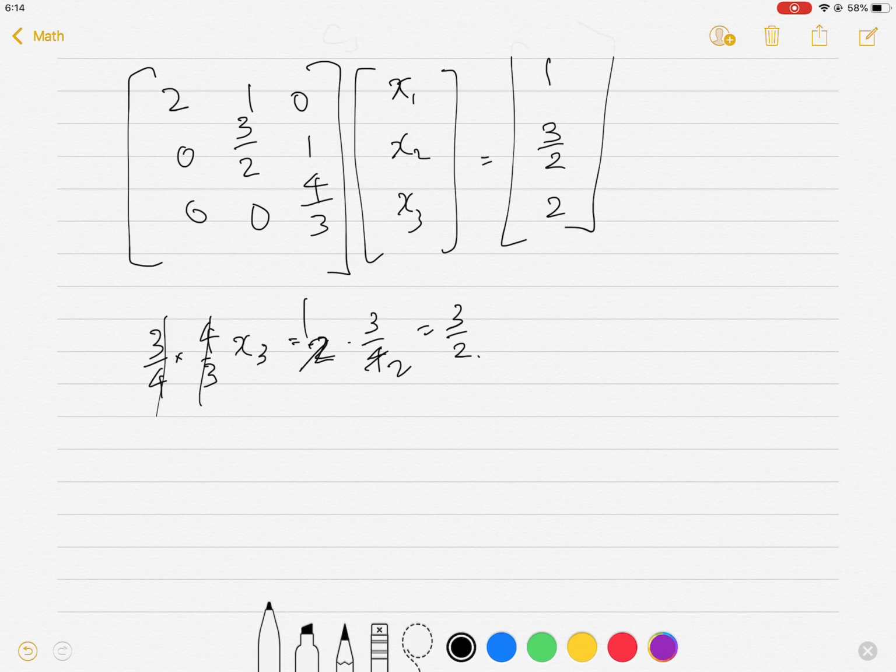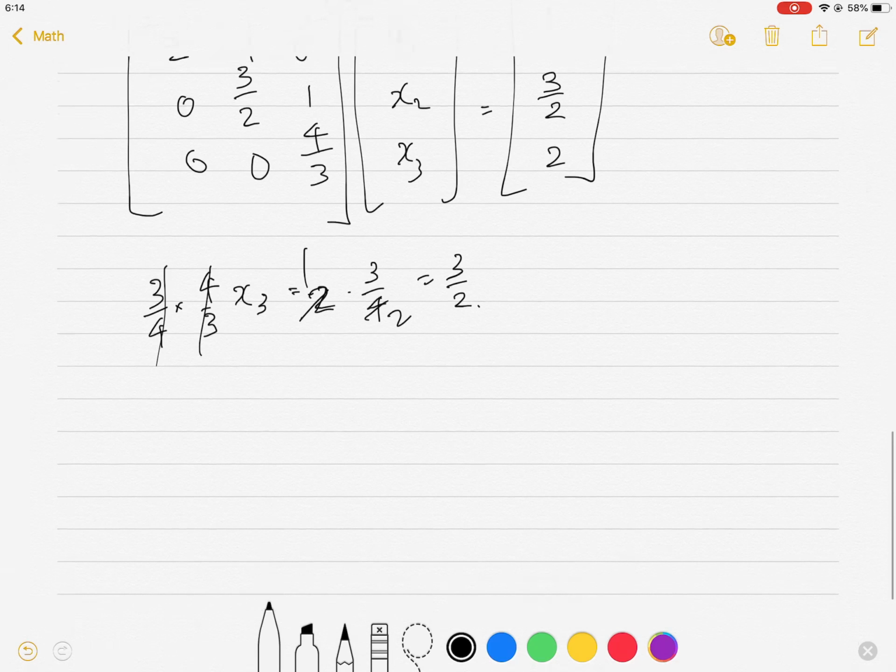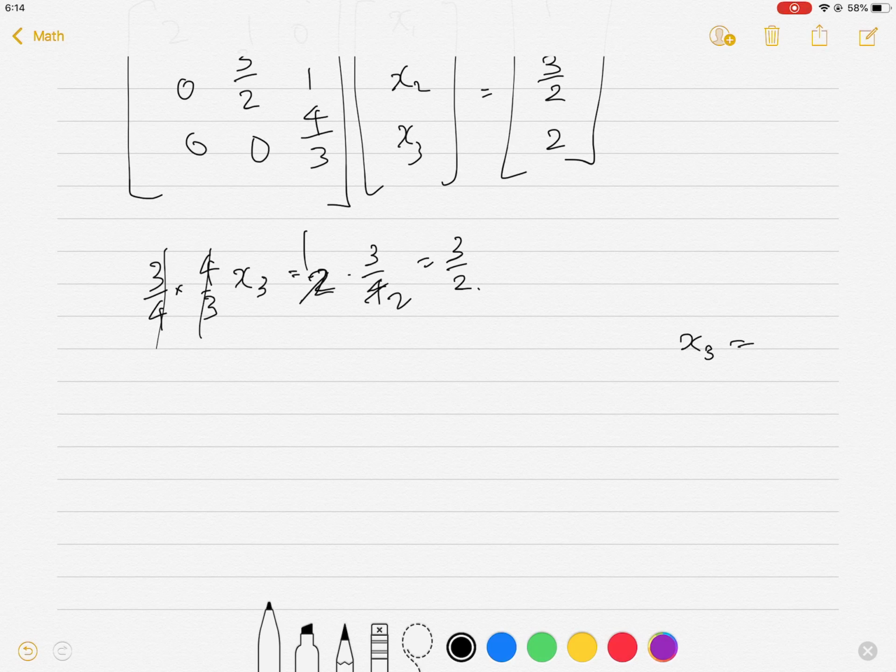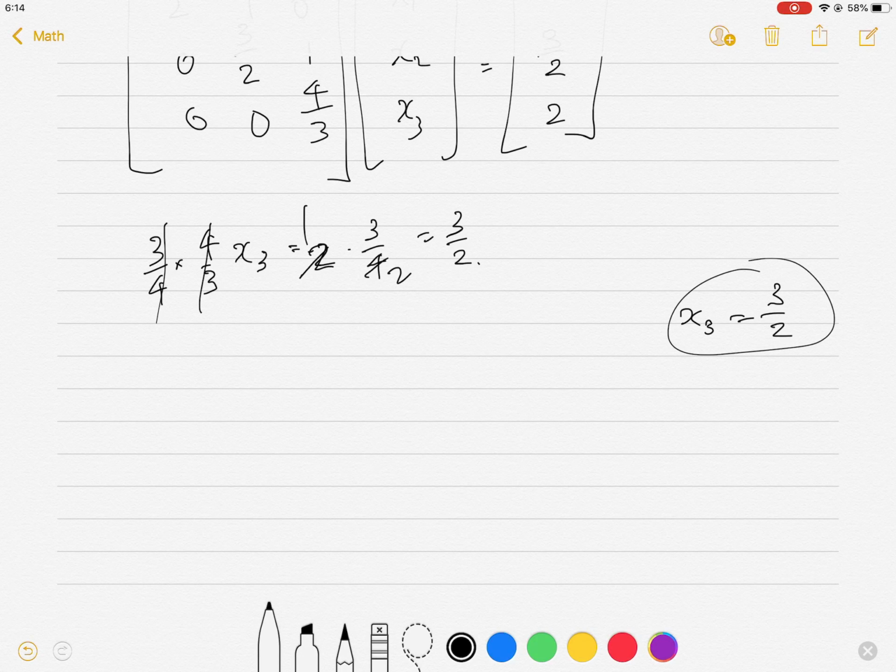So x3 is 3/2. What is x2? 3/2 x2 plus 3/2 is equal to 3/2. Subtract both sides, that's 0. x2 is equal to 0.